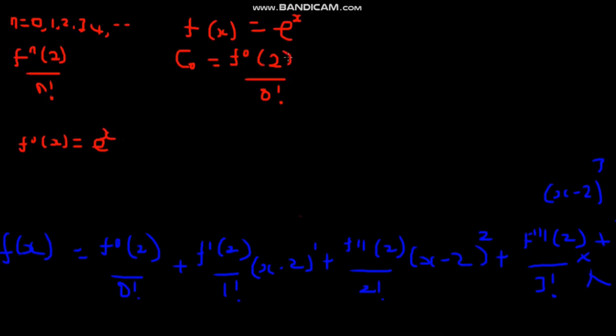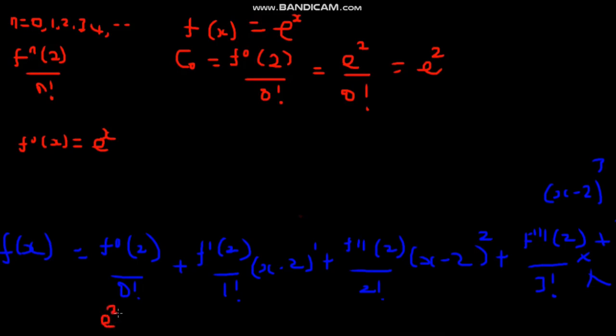So the zero derivative of the function at 2 will give me e to the power 2 over 0 factorial, and this will be the same as e to the power 2. So that's what you have for the first coefficient. I can write e to the power 2 here.